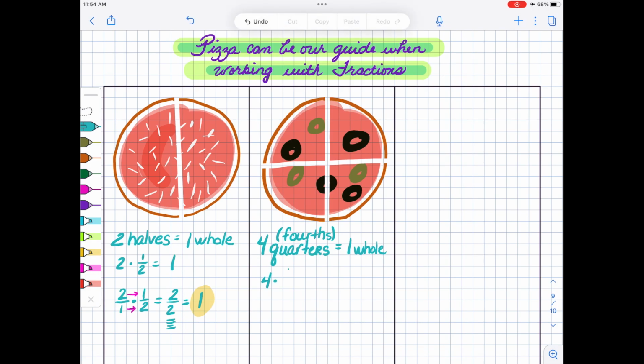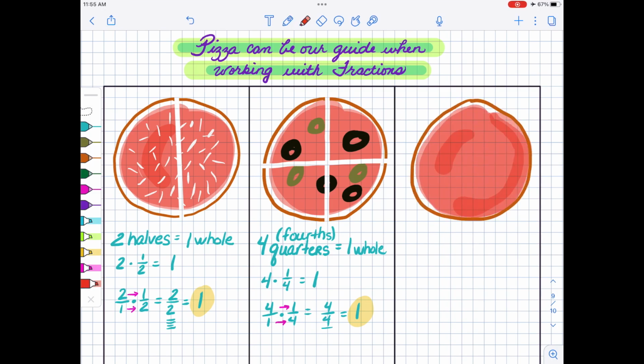Next, we write this as a multiplication problem. 4 times 1/4 is equal to 1. And then we write 4 as a fraction, and again, we multiply the numerators and then we multiply the denominators, and we get 4 over 4, which is equal to 1. And getting a 1 shows us that we're still on the right track.